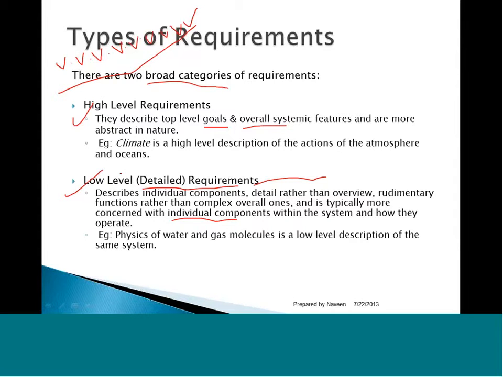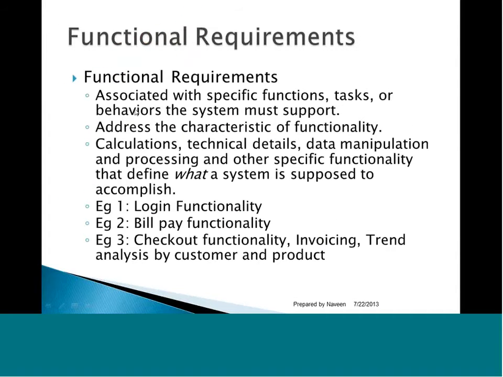Or this is the amount of gas molecules. Or this is the toxic content. If somebody gives you all those details to describe that same weather, those would be your low-level requirements. Therefore, requirements can be classified into two categories, high-level and low-level.